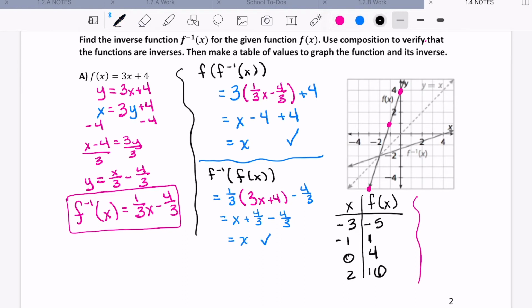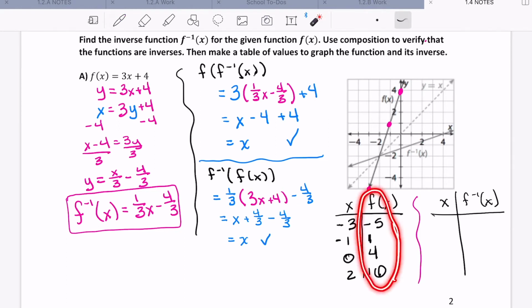Make a table of values, x, and now we're using the inverse of x, right? And you can plug in the same values. Or, if you remember, we already proved that there are inverses, so we can simply take our f of x values and our x values and flip them, because remember, inverses switch the inputs and the outputs.